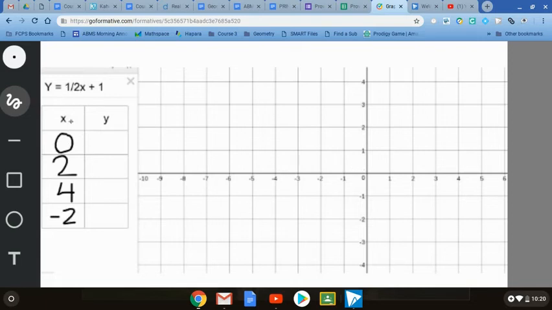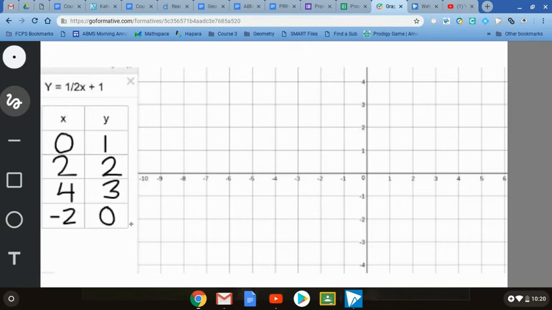So I do 1/2 times 0, which is 0, plus 1 is 1. 1/2 times 2, so half of 2 is 1, plus 1 is 2. Half of 4 is 2, plus 1 is 3. Half of -2 is -1, and then -1 plus 1 is 0.